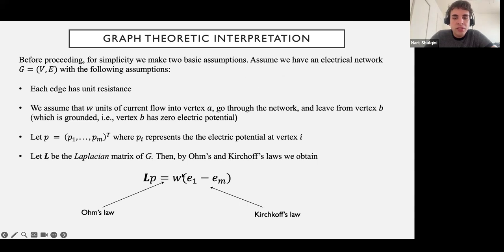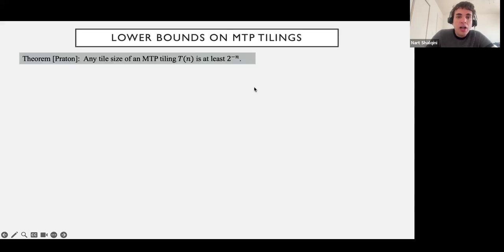So I'm gonna use this interpretation of Ohm's and Kirchhoff's law to obtain the lower bound that I mentioned before. I'm gonna briefly go through the sketch of a proof. The claim is that any tile size of an MTP tiling has length at least 2 to the negative n.